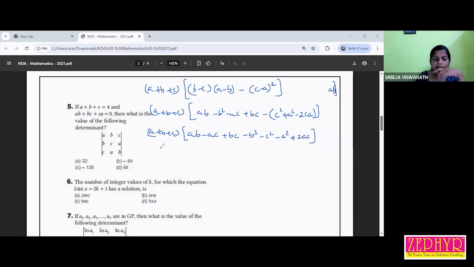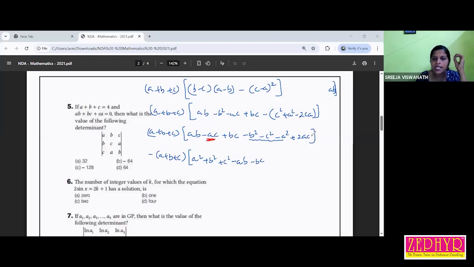We can take minus outside. So minus of A plus B plus C times (A square plus B square plus C square), taking the minus outside. And here it is minus AB and minus BC. What is minus AC plus 2AC?